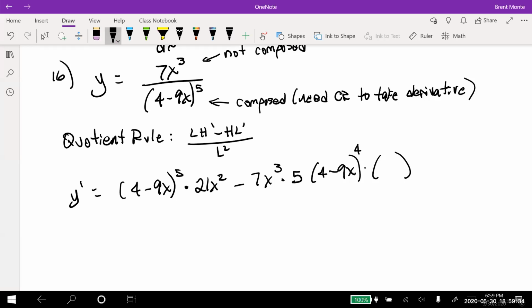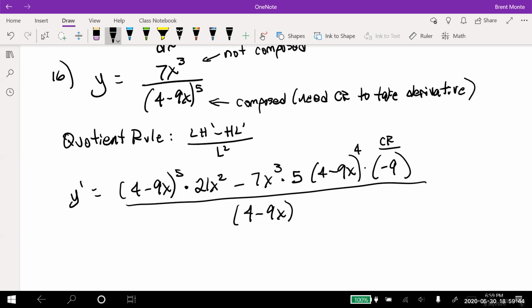That's my chain rule piece. And then it's all over the bottom squared. Notice I'm not multiplying out the bottom, I'm just saying the bottom squared.